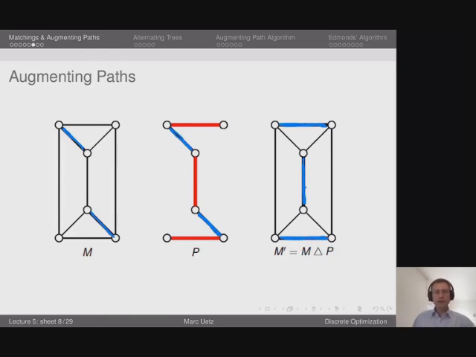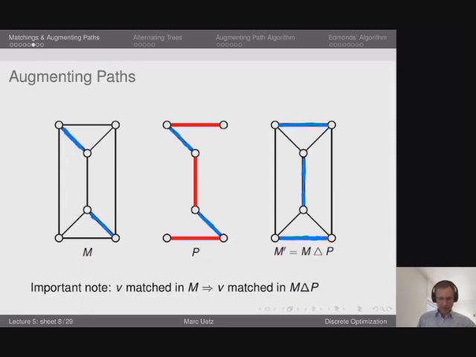As a matter of fact, when we augment the matching M by using this M augmenting path, everything that was matched before in M, so that is these 4 vertices here, will still be matched in the new matching M prime, right?